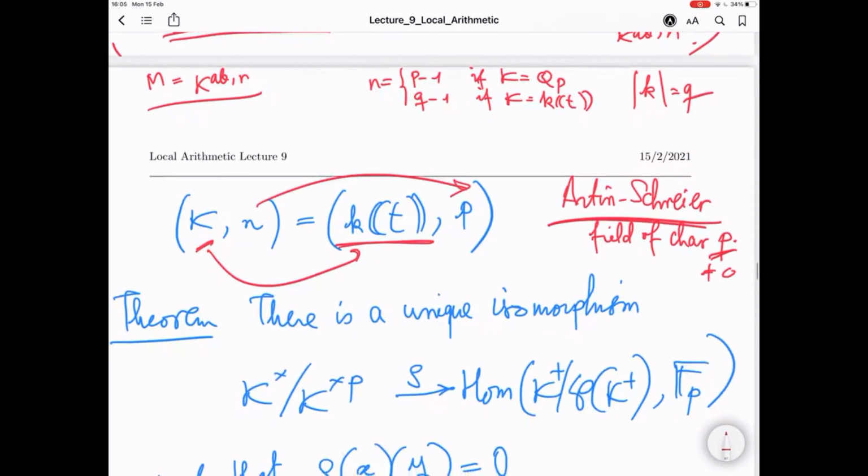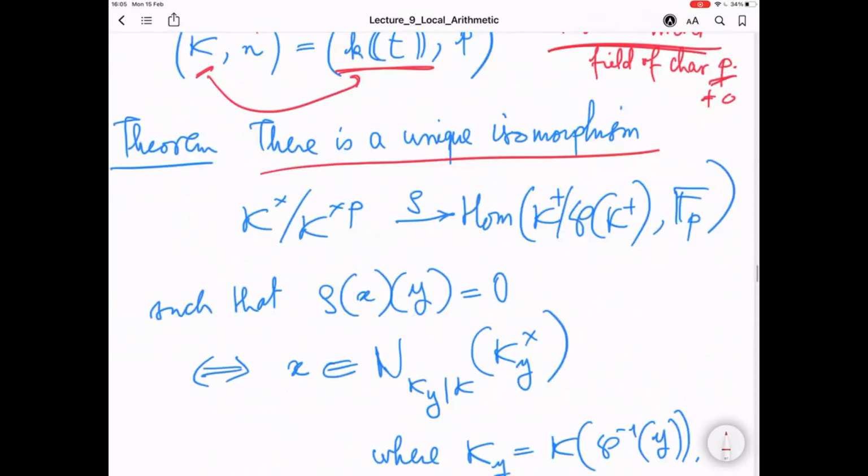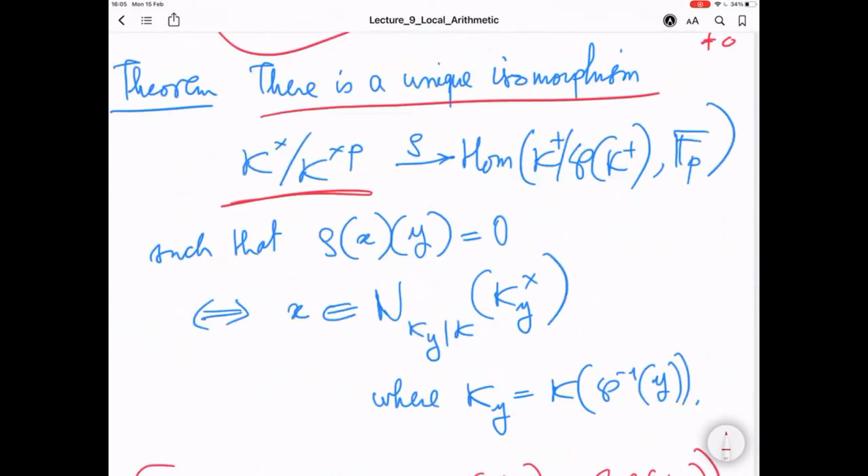And the theorem there is going to be that there's a unique isomorphism from K star modulo pth powers to this, so this was, remember, the Galois group of K abelian P over K by Artin-Schreier theory.